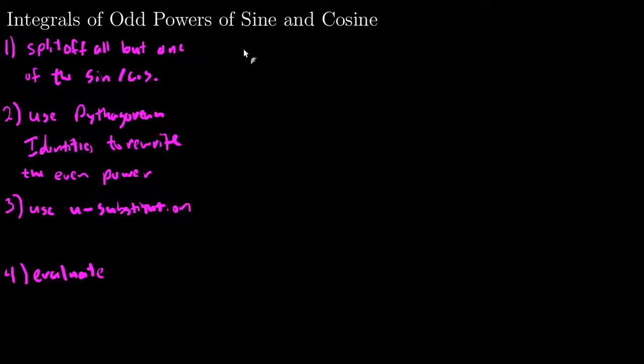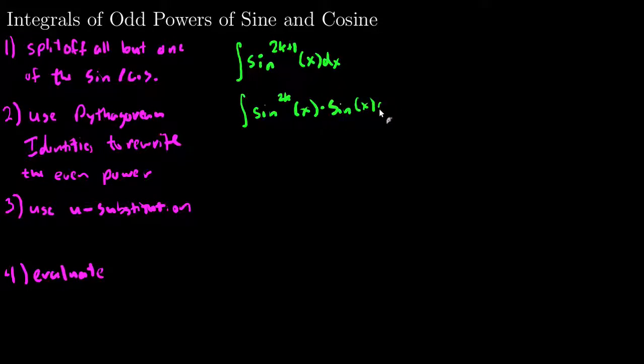So split off all but one of the sines or cosines. If I had something like the integral of sine to the 2k plus 1 x dx, so k being some integer, then this is the same thing as sine to the 2k of x times sine of x dx.